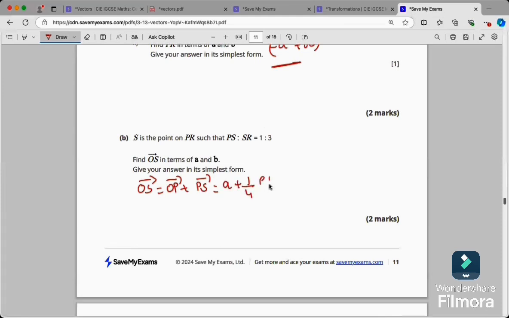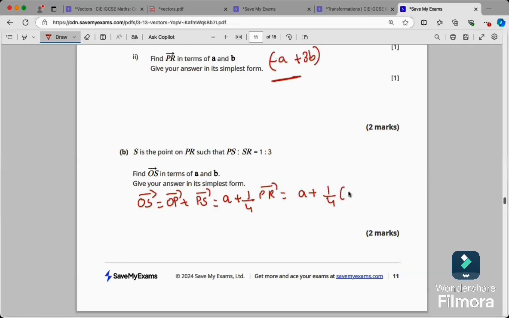What is PR? We already found minus A plus 3B. Therefore, simplify this: A minus 1 by 4 A plus 3 by 4 B. So it will become 3 by 4 A plus 3 by 4 B.